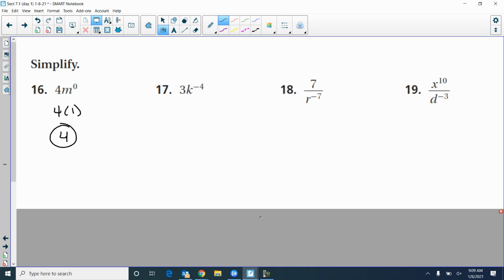Is it this? Why can't I leave that answer? There's a negative exponent. So what do I do to make a negative exponent positive? So you know you can't leave that as an answer. So what could be a possible answer?